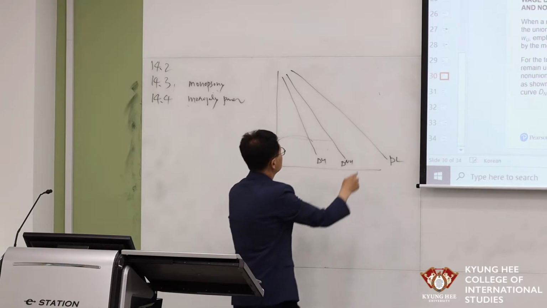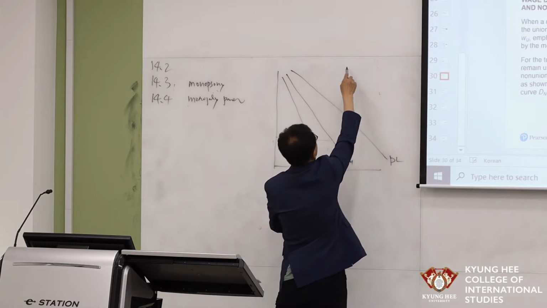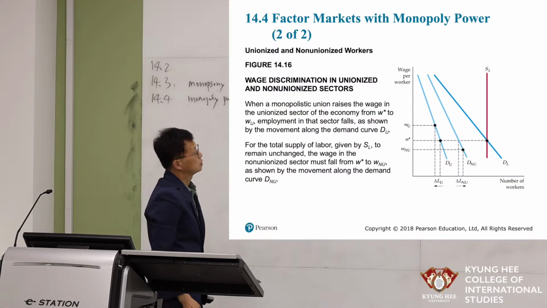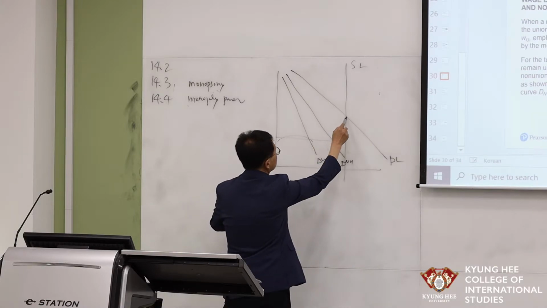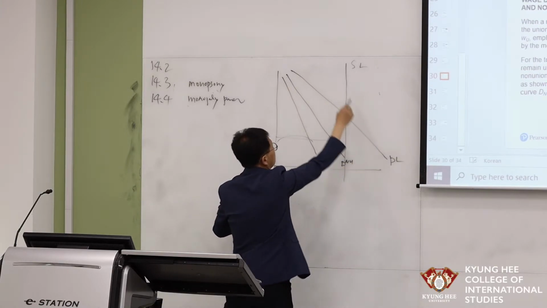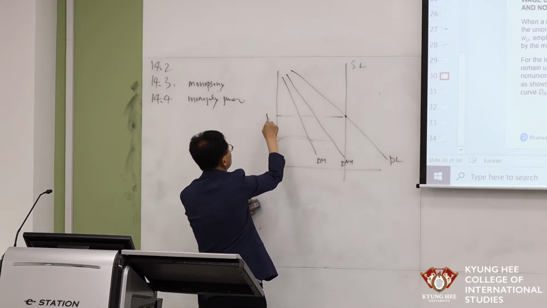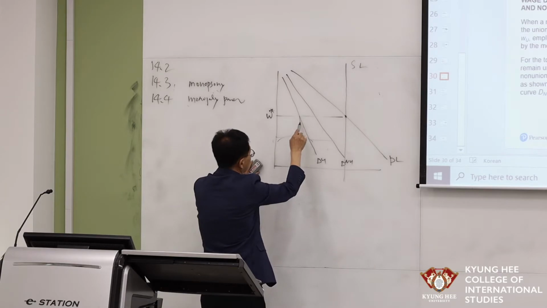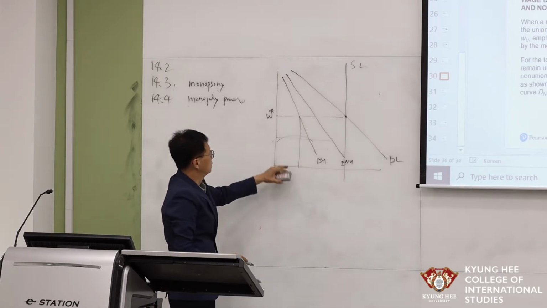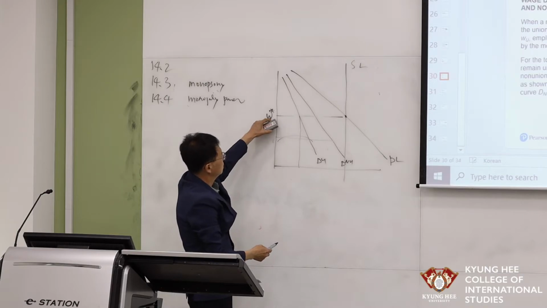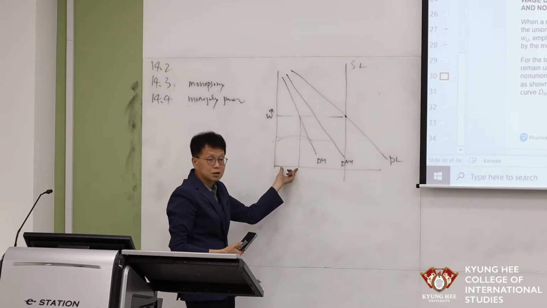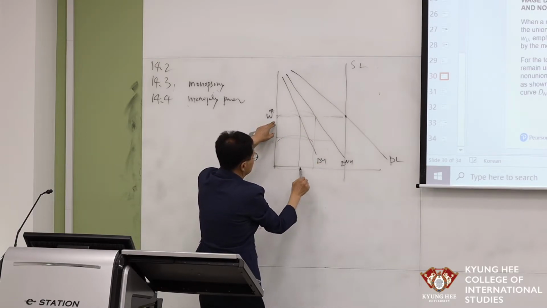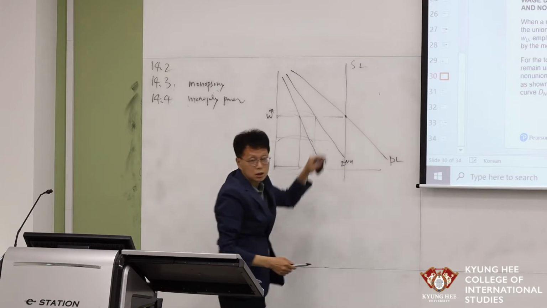Also we assume the labor supply is constant. Then the competitive wage rate is the intersection of demand for labor and the supply curve. That is W star. At this W star, unionized workers' employment is this one, non-unionized workers' employment is this one, and this one plus this one is the total.